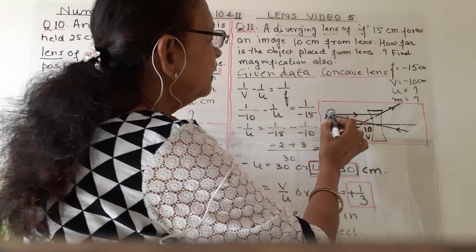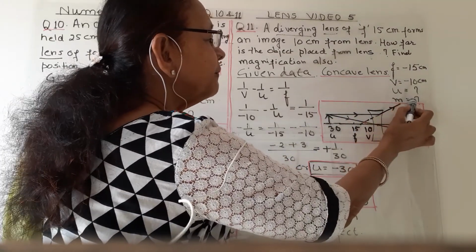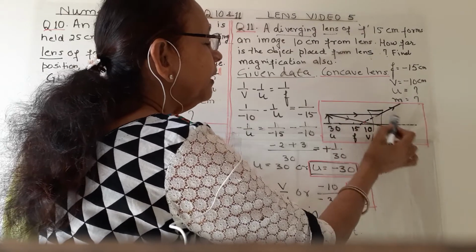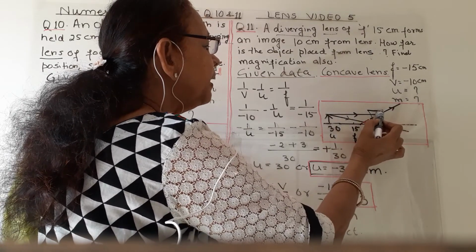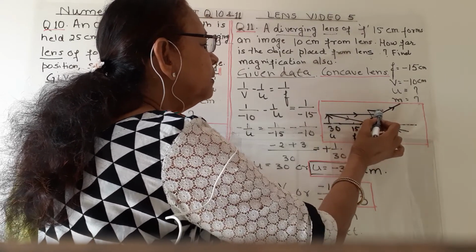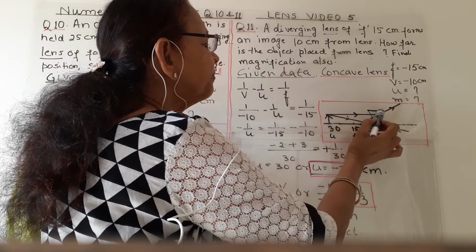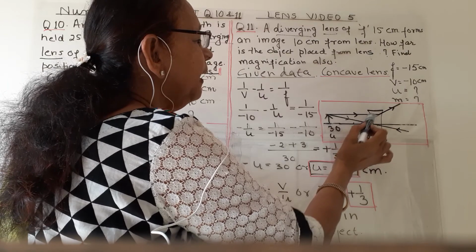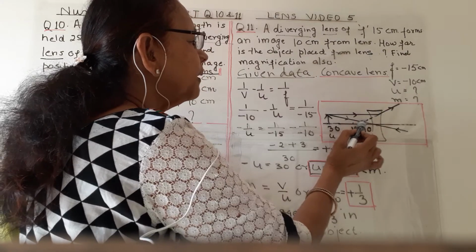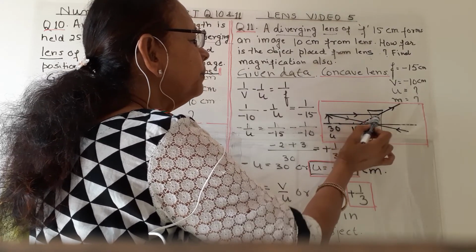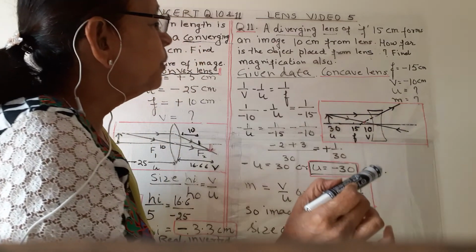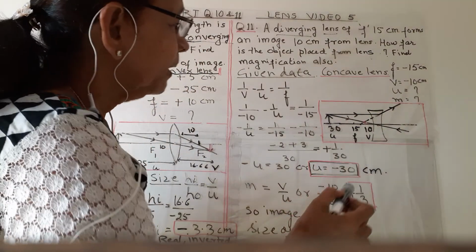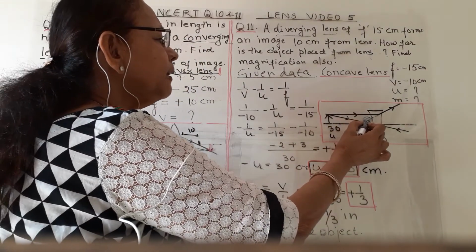This is one ray which is diverging, this is the second ray, and this diverged ray we have extended behind up to the focus. When it is by dotted line, the image formed is always virtual and erect, because it is not the real image.